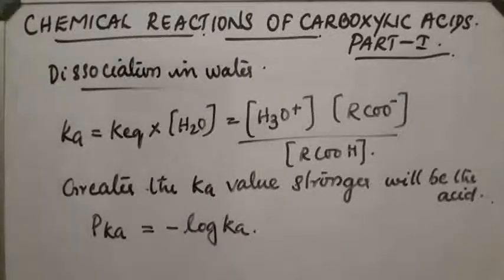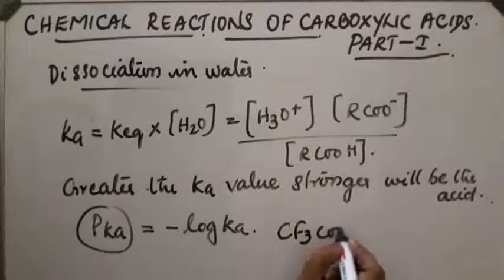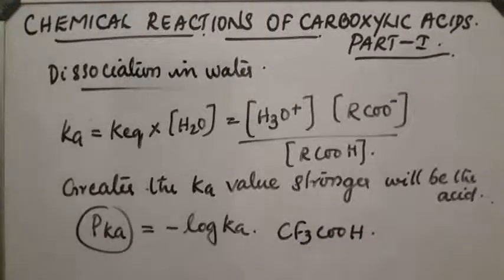We use the pKa value to determine the acidity of different acids. Trifluoroacetic acid, CF3COOH, is the strongest acid. As the Ka value increases, the pKa value will be small; it is inversely proportional. So a small pKa value means the acid is a strong acid.